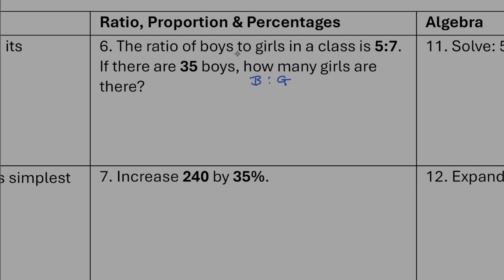So boys to girls, make sure I've got that the right way around, 5 to 7. And then we've got 35 boys, and we want to work out the number of girls. To get from this ratio to this ratio, I need to times by 7. So I need to do the same on the other side. That's going to give me 49 girls.